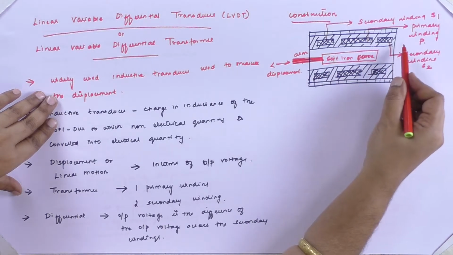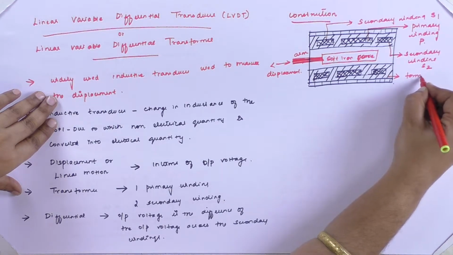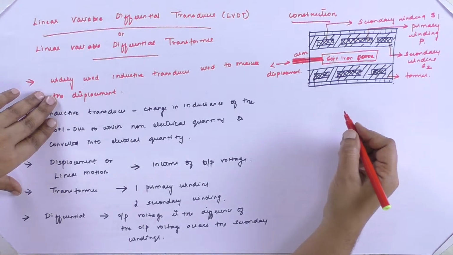The primary and secondary windings are wound on a coil former.